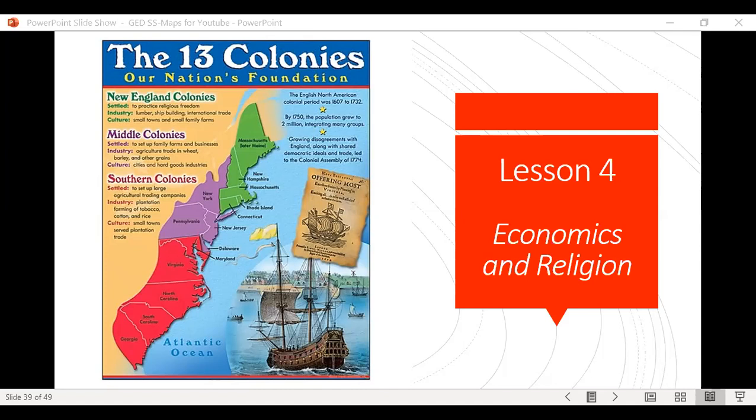So they ended up resorting to the ocean, to the waters next door, to fish and things like that, and then they used the trees, and it's still beautiful up there. I love that part of the country, but they used the trees to build ships. And their culture, again, was small towns and small family farms. They couldn't grow big farms and crops and things like that. It was basically all small.